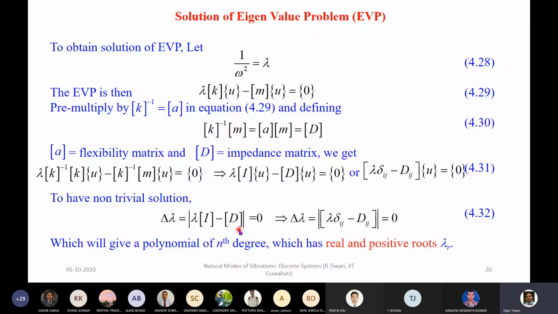So we'll get an nth degree polynomial, and we expect that the roots of this will be real and positive, because lambda r is related to the inverse of the natural frequency square. If this is negative, then the natural frequency will be complex, which is not feasible for the present case. So we expect lambda r will be real and positive roots.